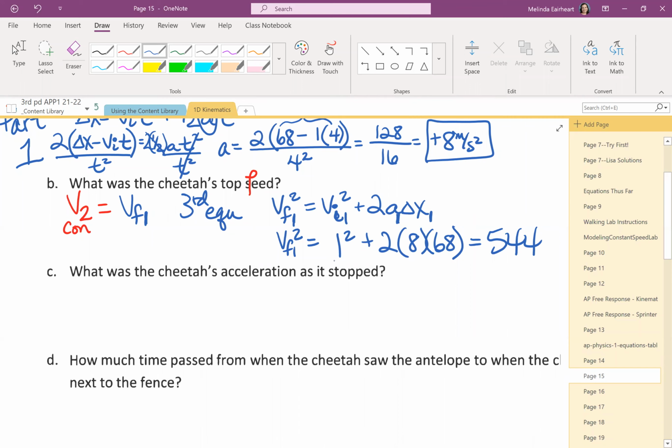Is that the final velocity? No. What does this equal? Doesn't equal VF, it equals VF squared. So how do we solve for VF? A lot of students forget to take the square root. And so when you square root both sides, now we get a final velocity.